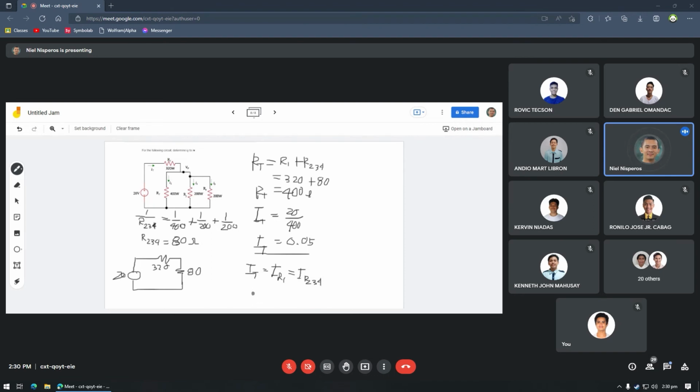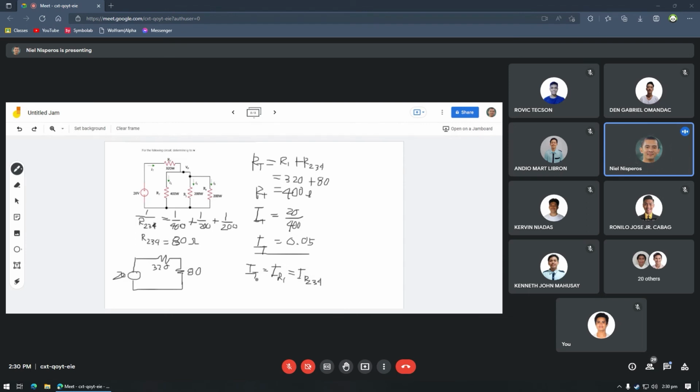Okay. And then I R1, voltage across R1. They are in series, class.